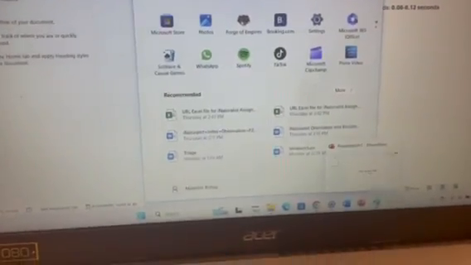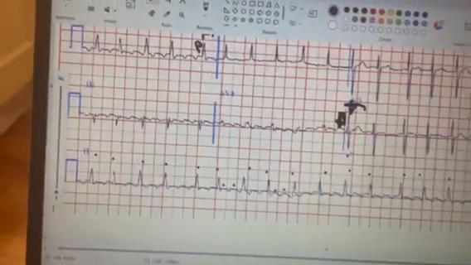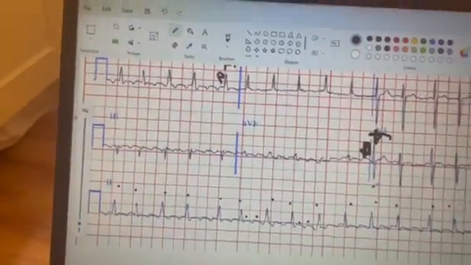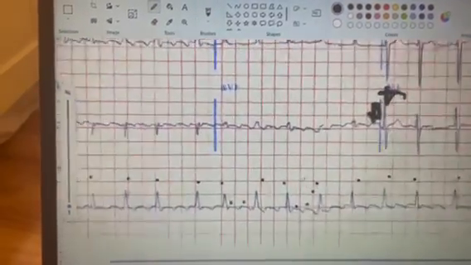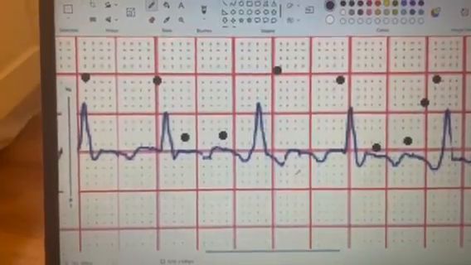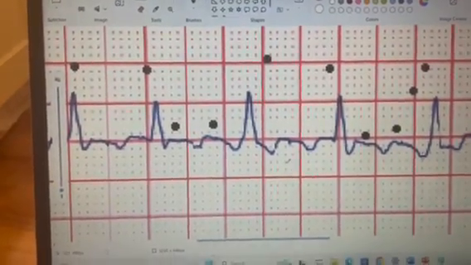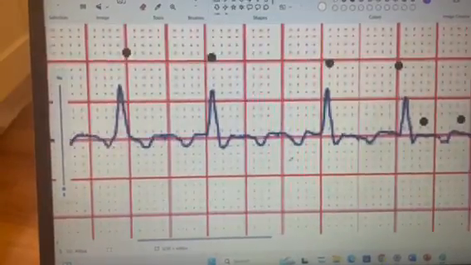Now we're going to go back to our picture. Those are the first two out of the way. Now we want to do some of the durations. First is the P wave duration. We pick a P wave, it doesn't really matter, and count the number of dots under it and multiply the number of dots by 0.04.